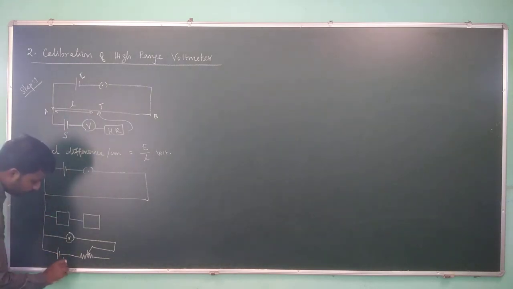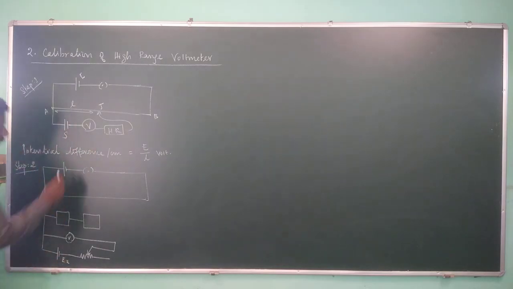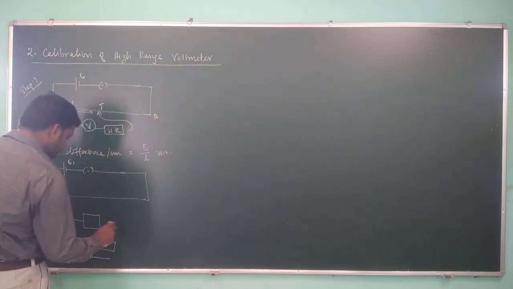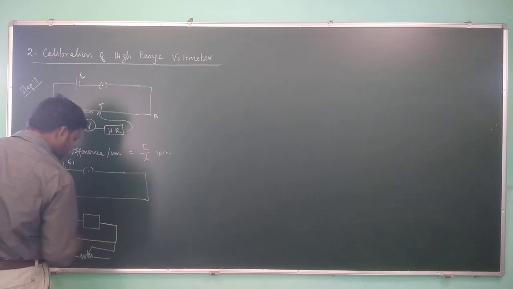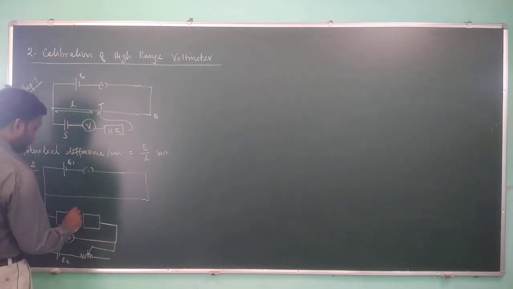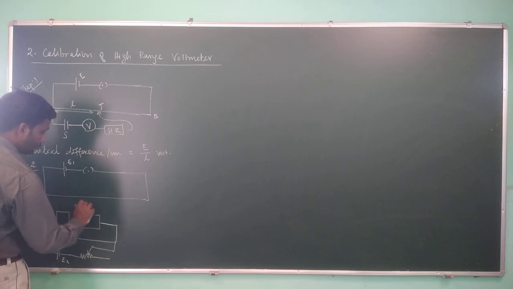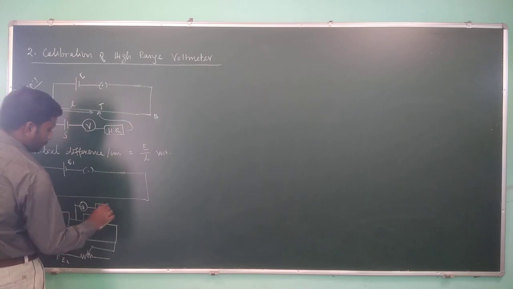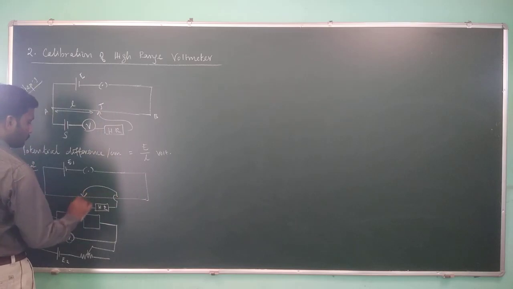battery? You can say that this is E2, this is E1, and this side is connected here, and in the middle we have to take an output that should go to the galvanometer, then a high resistance, then this goes to the jockey.